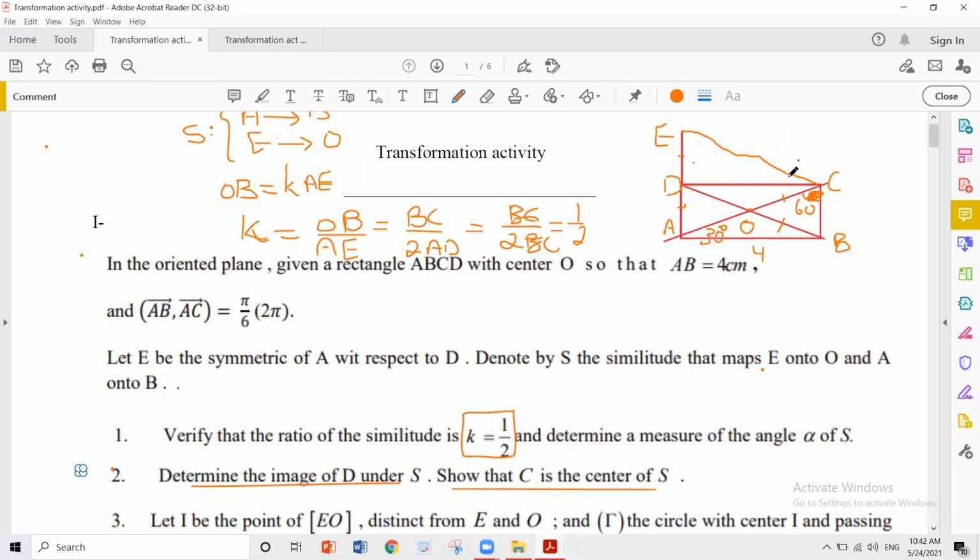We take E to O or A to B, and we put B to C. Then K equals the ratio, meaning center. What is the nature? I can do it in two methods. First method: what is the nature of triangle EAC?